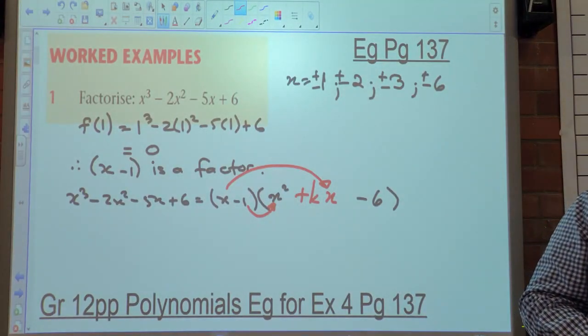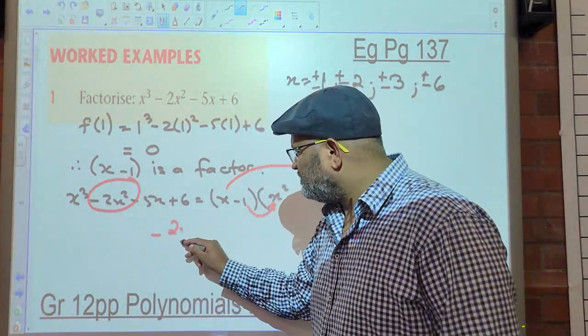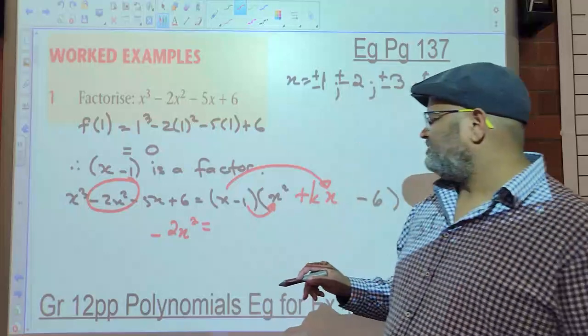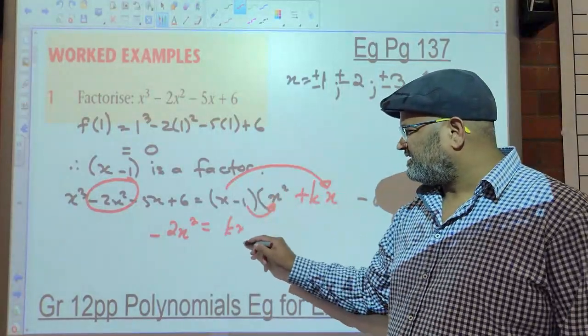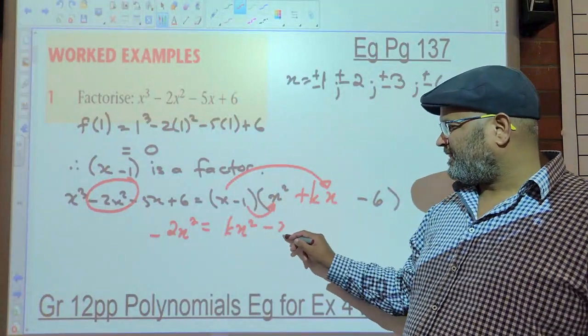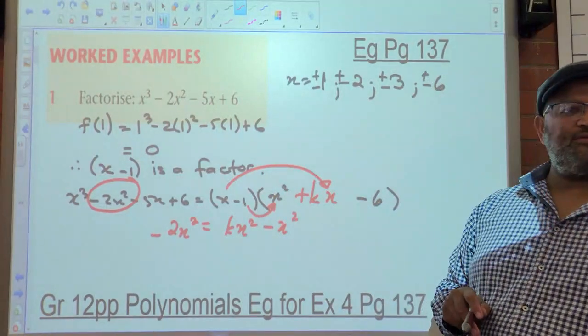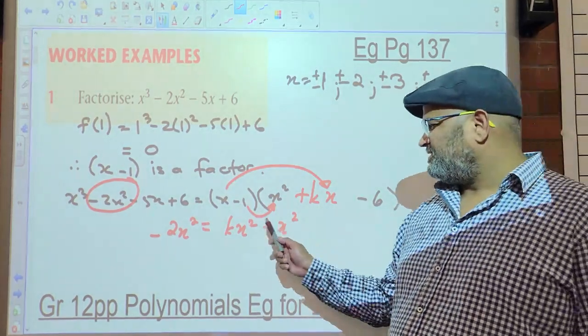You guys got that? So in other words, negative 2x squared is equal to kx times x, kx squared, negative 1 times kx, negative kx. You see that, people? So what do we do now? Solve for k.